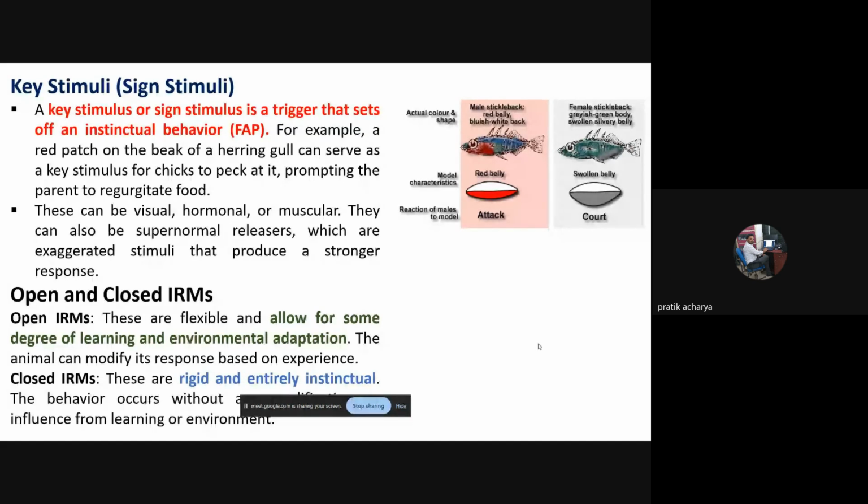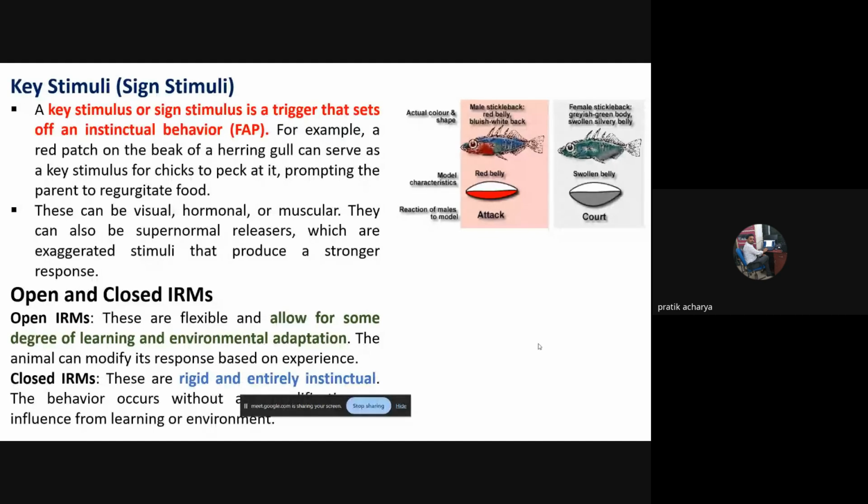And this IRM is again divided into two types. One is open IRM, another is closed IRM. The closed IRM is very innate. That means there are no environmental influences for the closed IRM.